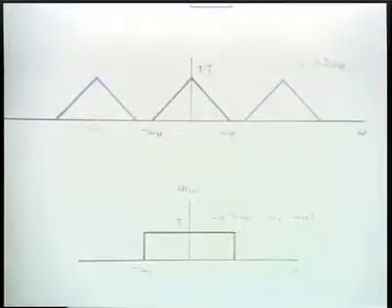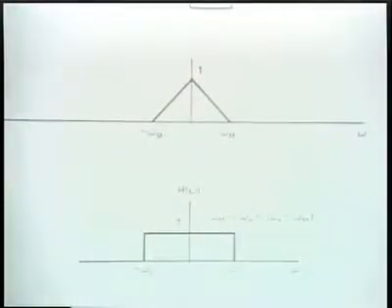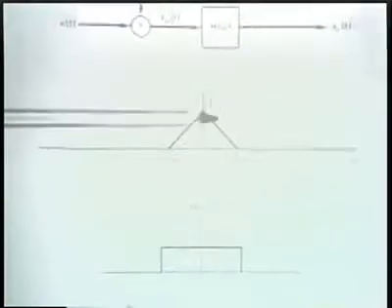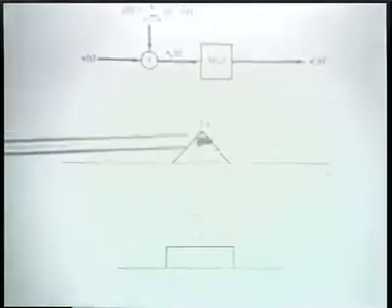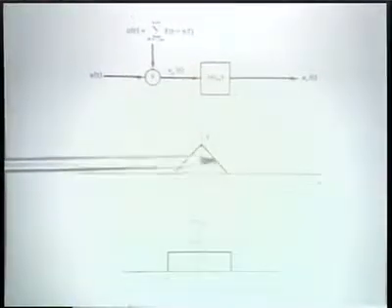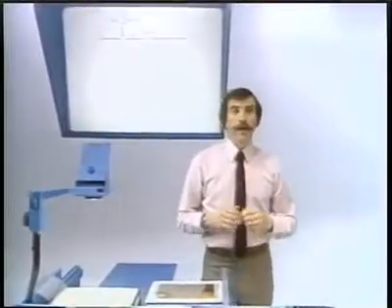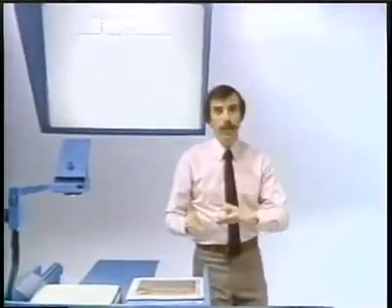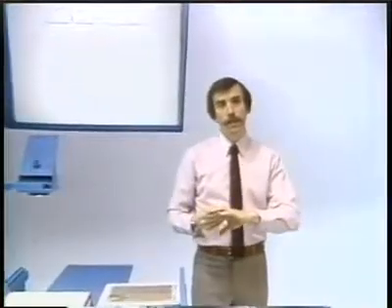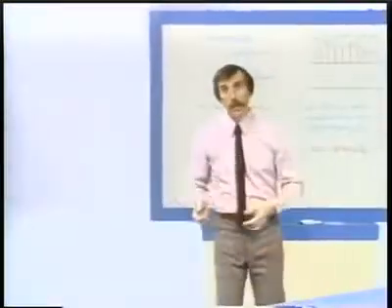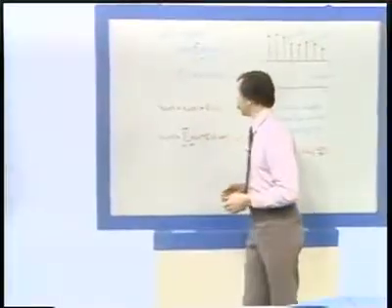What we're left with is the spectrum of the reconstructed signal, which for the case of an ideal low-pass filter is exactly equal to the spectrum of the original signal. Now, that is the frequency domain picture of the sampling and reconstruction. Let's also look at basically the same process, but let's examine it now in the time domain.